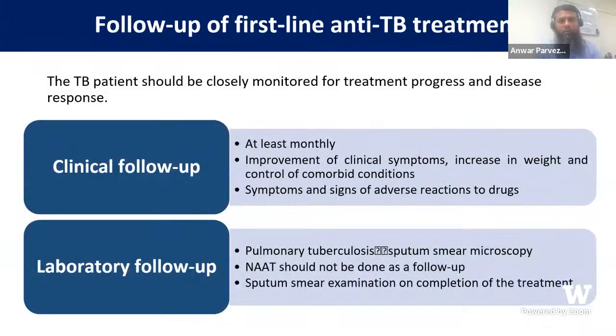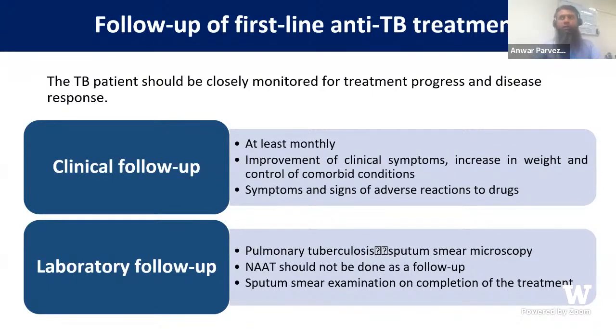As a follow-up for first-line anti-TB, they come to the ART center every month usually. So we do at least once monthly clinical follow-up of these patients. We look for their clinical presentation, weight gain, side effects or toxicities, and other comorbid conditions. Laboratory, we have to do sputum smear microscopy at the end of IP and CP.